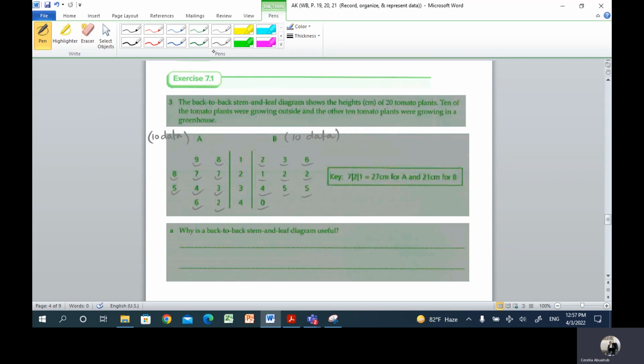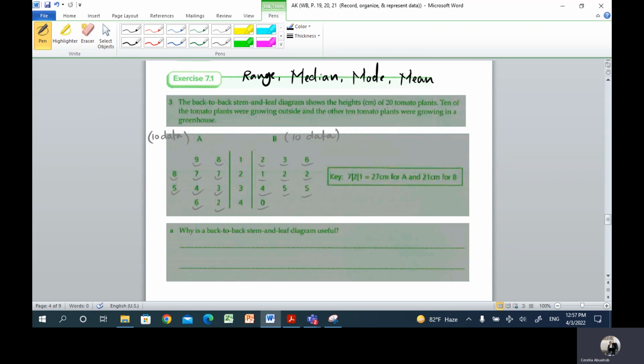And as we learned earlier, what we look for in any method of representing data is the range, the median, the mode, as well as the mean.